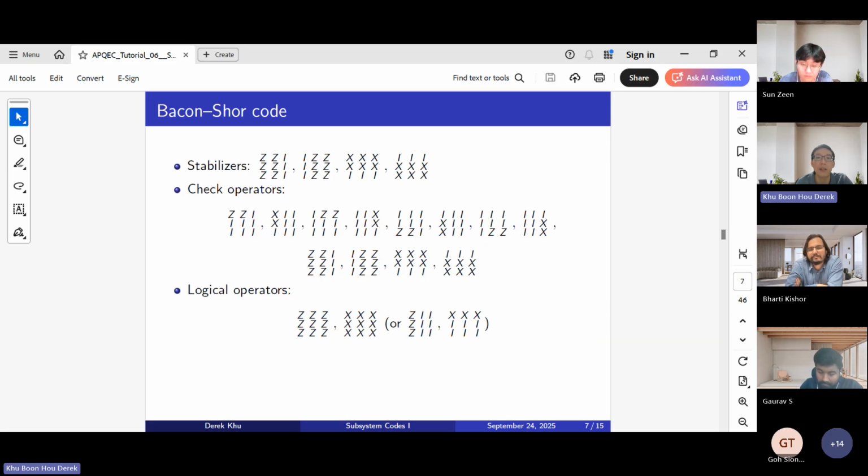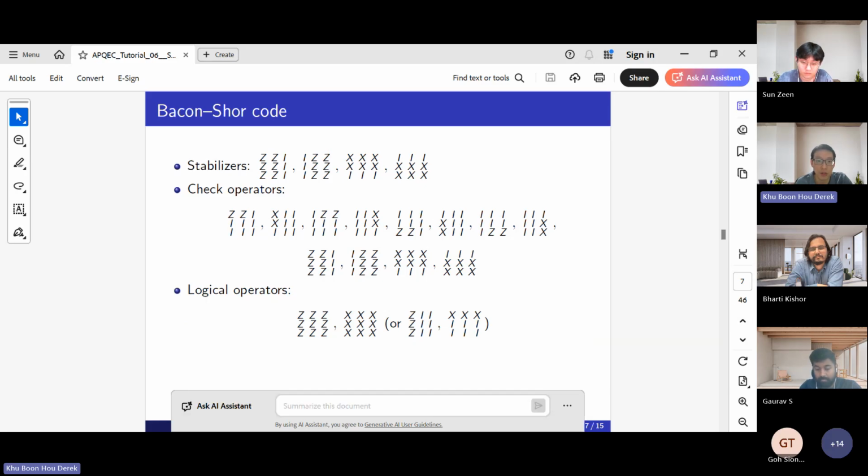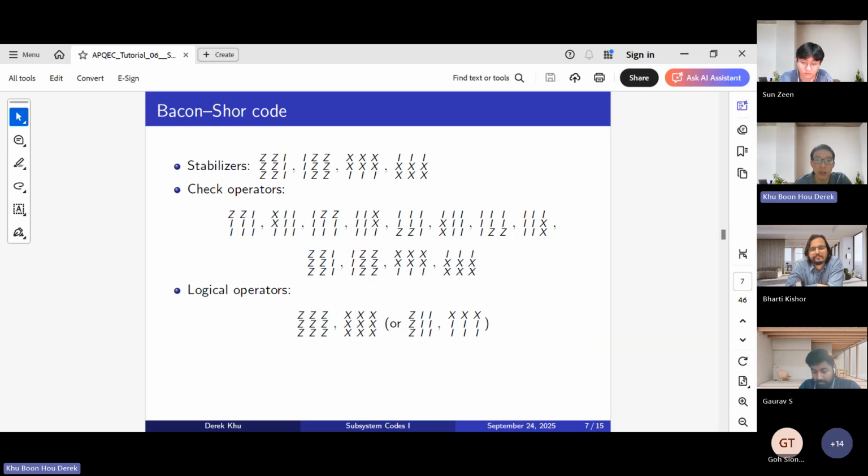So we have all of these check operators, and then the logical operators will be the actual ones that are left over from a computation from before, which is these 2, or it could just be these, because, again, you could take this logical operator and multiply by this second guy and you could get this first guy. And same for this second guy, you multiply it by this last guy, and then you get this.